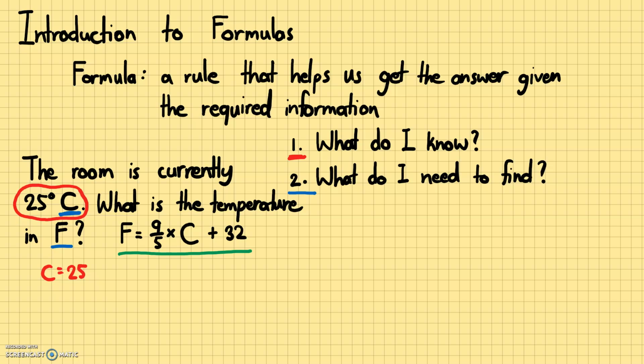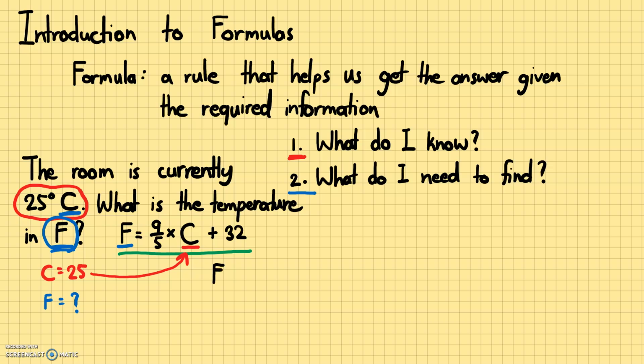I need to find F. The question is asking, what is the temperature in Fahrenheit? I need to find F. I already know what the other part is. So let's put in what we know inside the formula and see what we get.